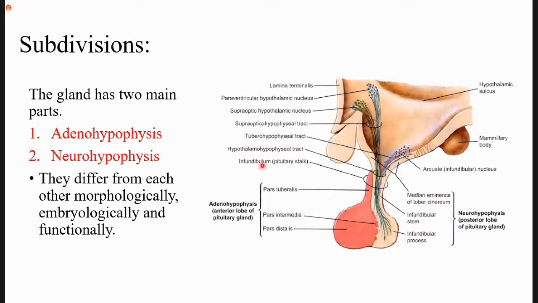So these are morphologically, embryologically, and functionally different parts of the gland. Their secretions are different, their morphology is different, and their embryological origin is different.